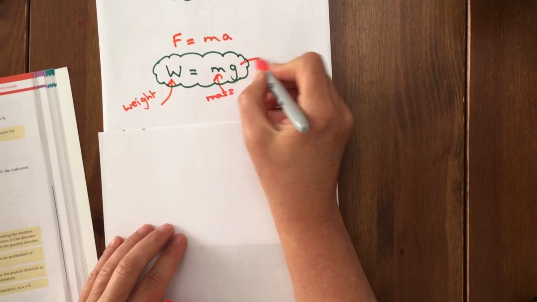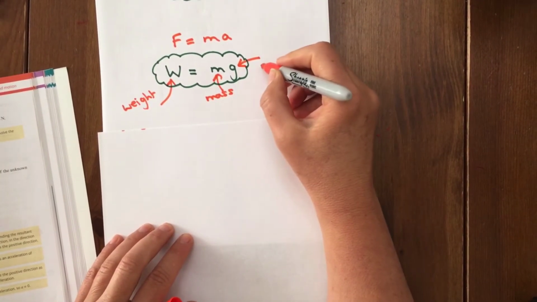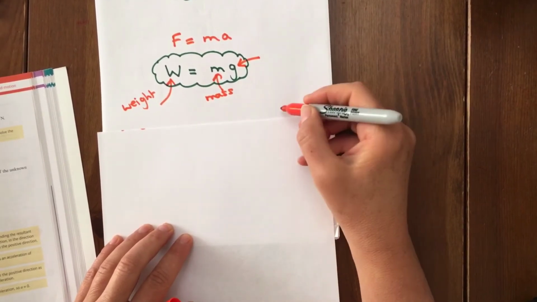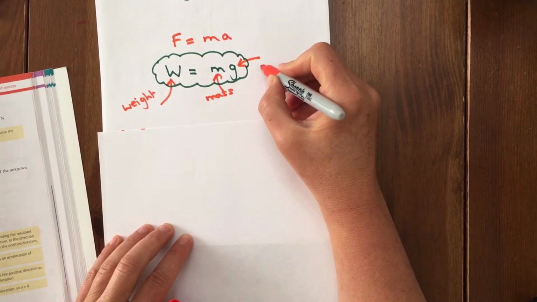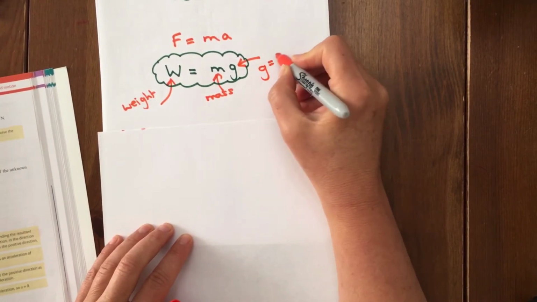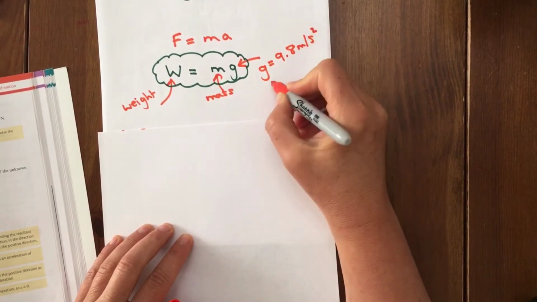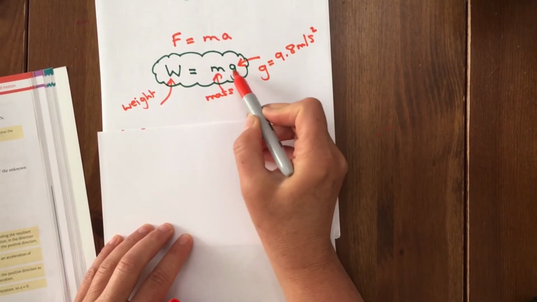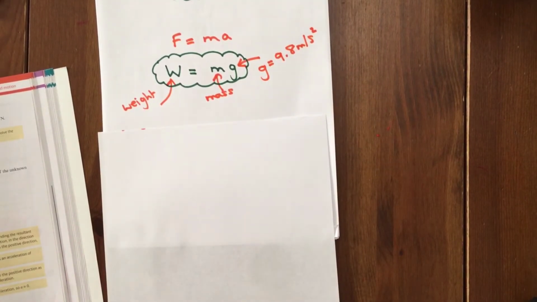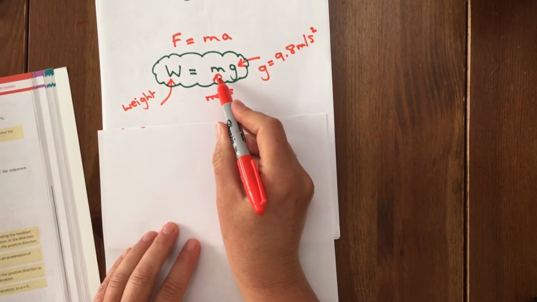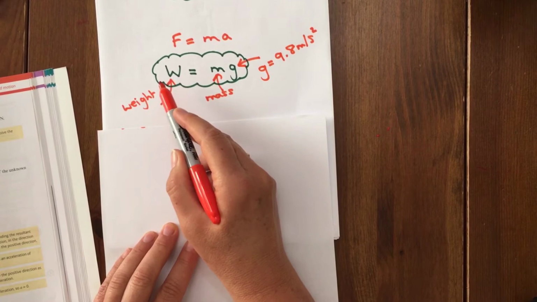And g is the acceleration due to gravity, which is always acting down on the object. For the purpose of this chapter, unless it says otherwise, treat g to be 9.8 meters per second squared. So g is the acceleration due to gravity acting down on an object, m is the mass of the object, and W is the weight of the object.